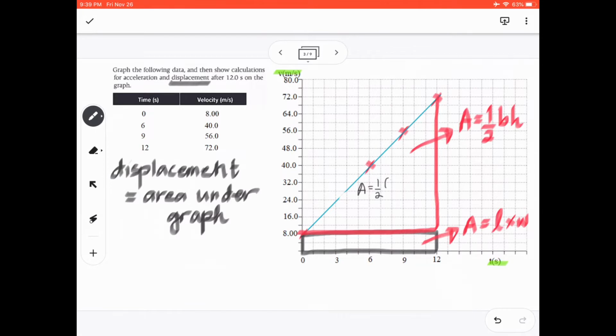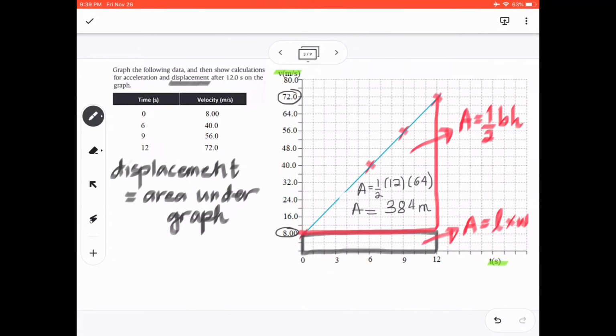Base is 12. Multiplied to the height. The height starts at 72 and ends at 8. So 72 minus 8 will be actually 64. So using your calculator, the area of this triangle is equal to 384 meters.